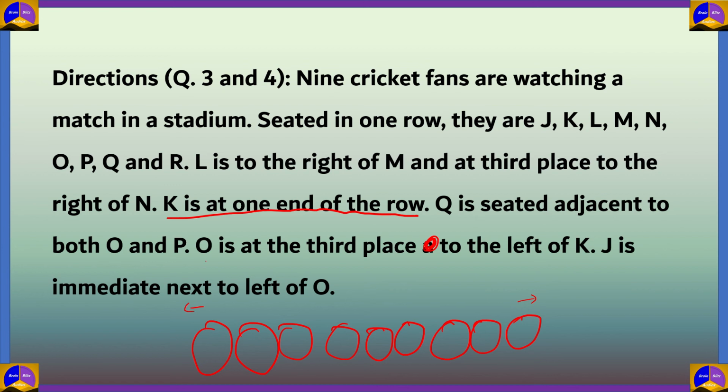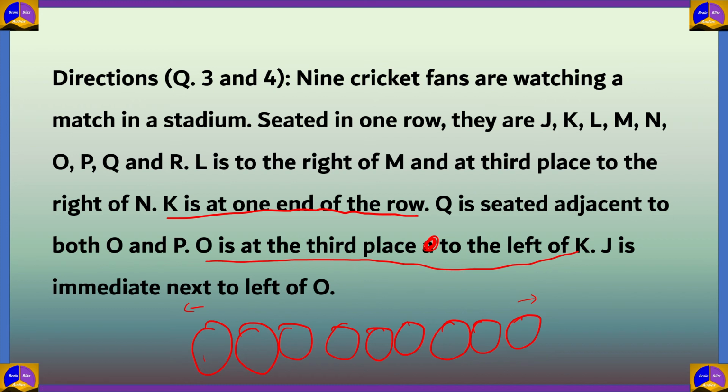Now if we look at the statement, O is at the third place to the left of K. Now if K has been the leftmost position, the statement we just looked at wouldn't be true, because O cannot be third place to the left of K, because there is no seating arrangement to the left of K.